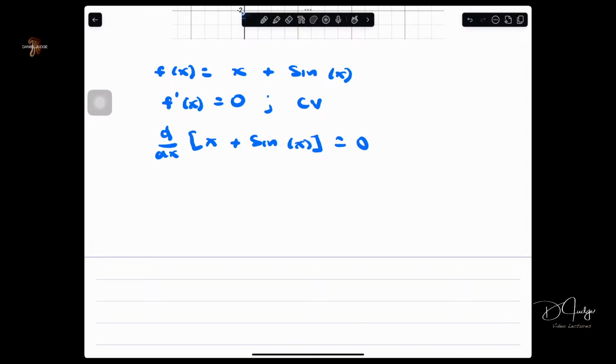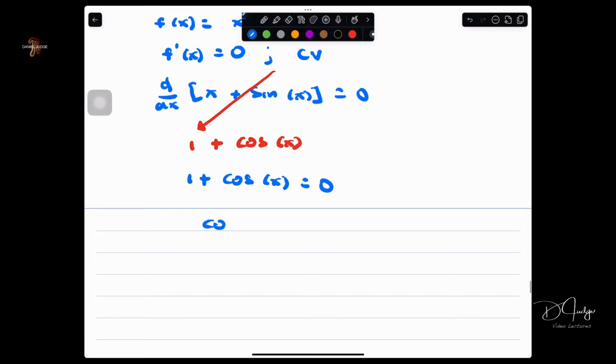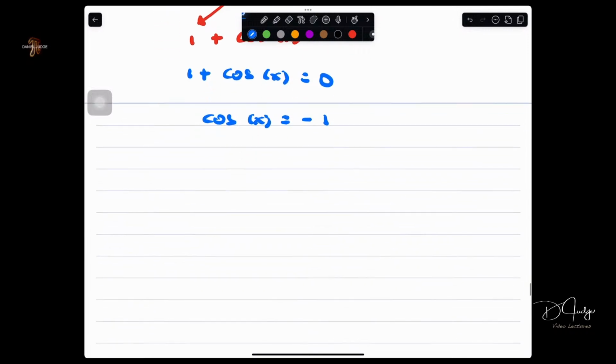The derivative of sine is cosine. Derivative of x is going to be 1. So this derivative is 1 plus cosine x. So we get 1 plus cosine x is 0, which means cosine is negative 1.